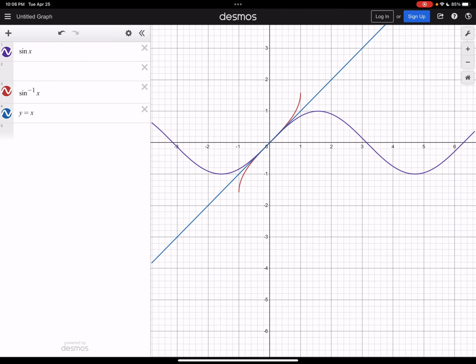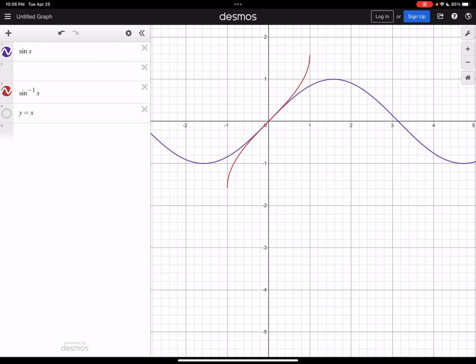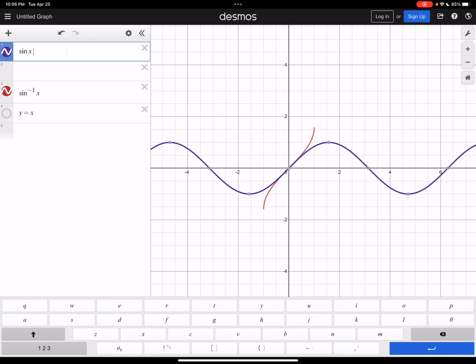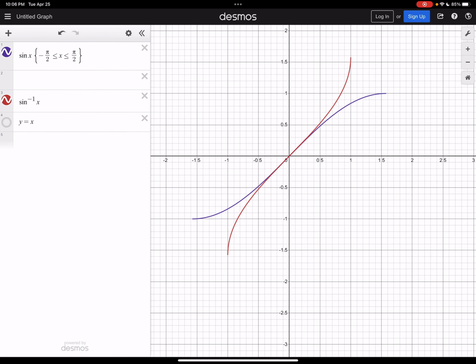But look, only a piece of it is graphed, only an itty bitty teeny piece. And if my memory serves me right, this interval is pi over 2. So now you can see that if you restrict the domain of sine, you get this as well. Sorry, I'm diving a little bit too deep into pre-cal now, but I wanted to show you this is going to be a major thing, very big. So just try to remember that.